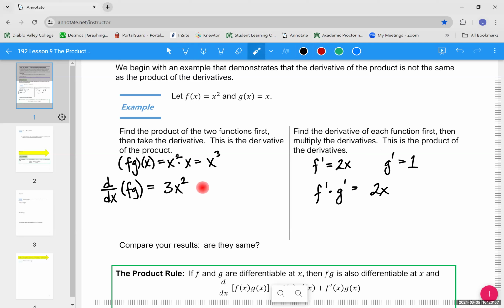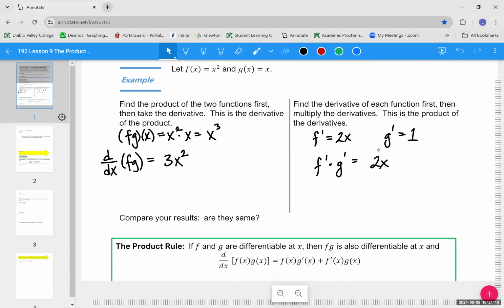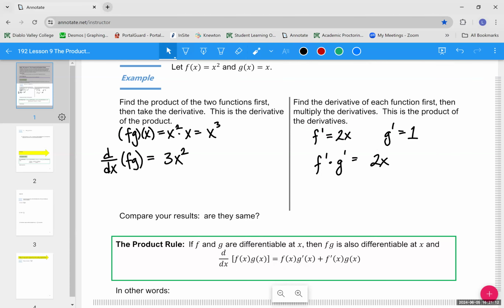So on the left side, we have the derivative of the product, and on the right side, we have the product of the two derivatives. And you can see that these two things are clearly not the same. So what we are trying to do is find the derivative of a product function. We cannot just take the derivatives of the two individual functions and multiply them together.